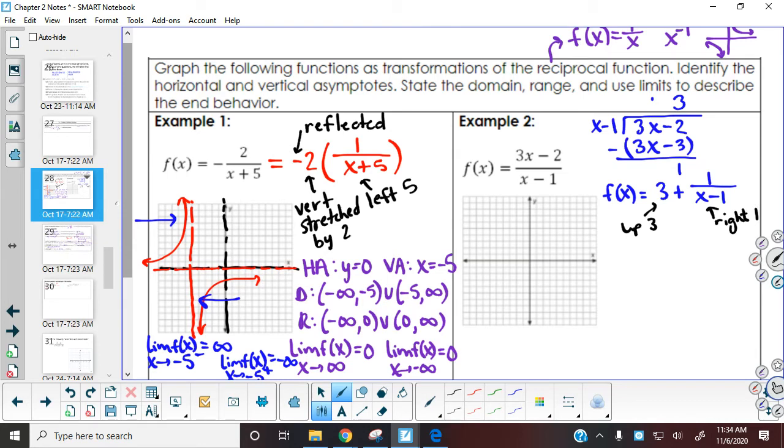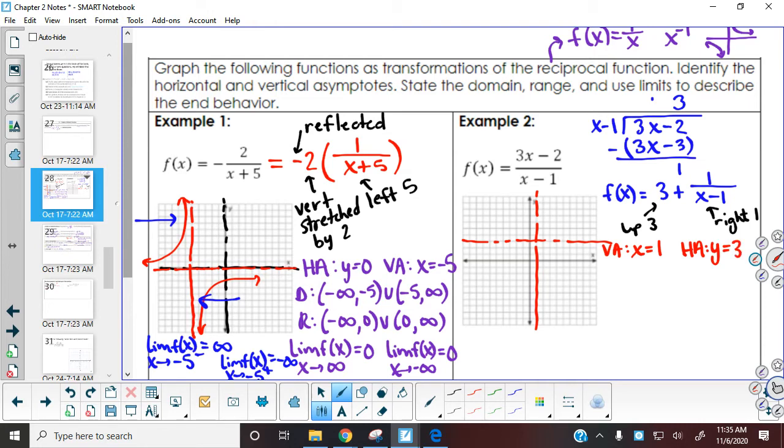We don't have any sort of stretching or reflecting going on. So now when we go ahead and graph this, our new asymptotes, we're up 3. So our new asymptotes are going to be here and here. And so then when we go ahead and write those, our vertical asymptote is at x equals 1. Our horizontal asymptote is at y equals 3.